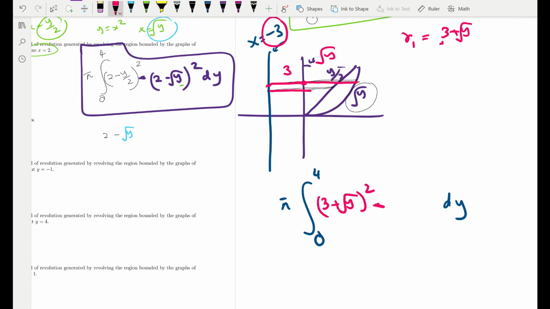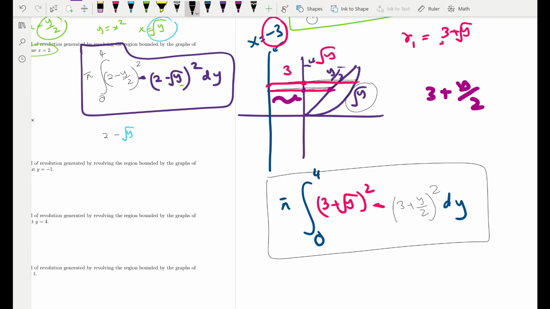If we draw this line, again the 3, it's 3 plus, from the y-axis to the function, y over 2. So it's 3 plus y over 2, so minus (3 plus y over 2) squared. This is the integral that will give you the volume if you rotate this region around the vertical line x is equal to negative 3.